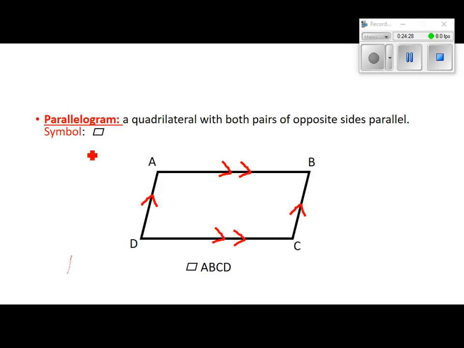This book, though, doesn't change the definition. They kept the definition the same as it's always been. The old definition was exactly one pair of parallel sides. The new definition is at least one pair of parallel sides.